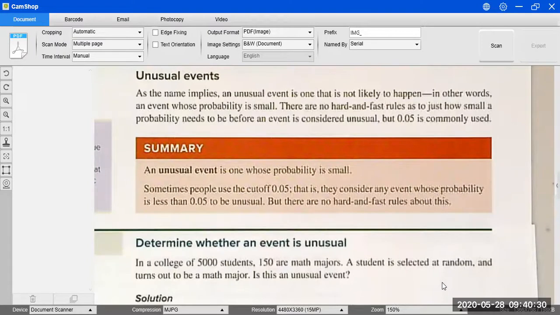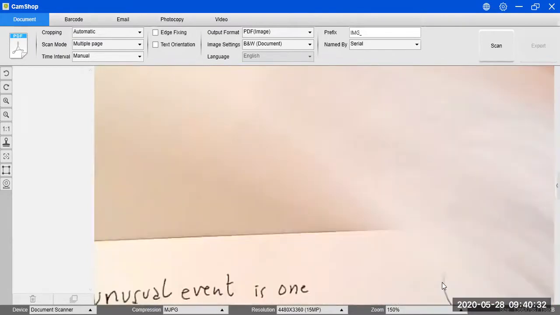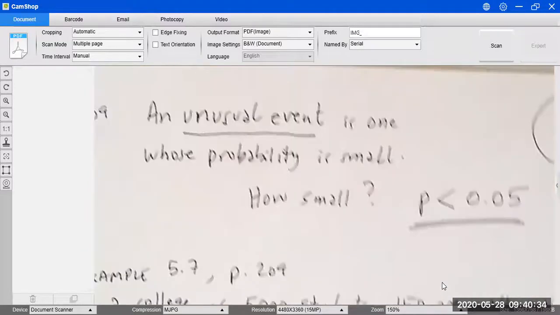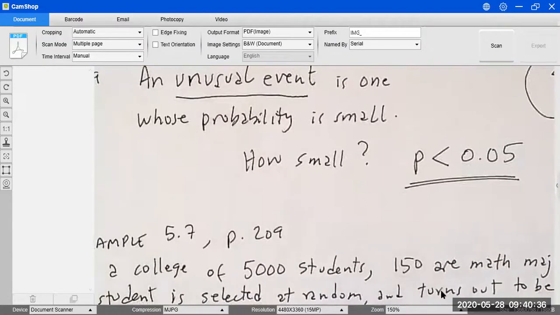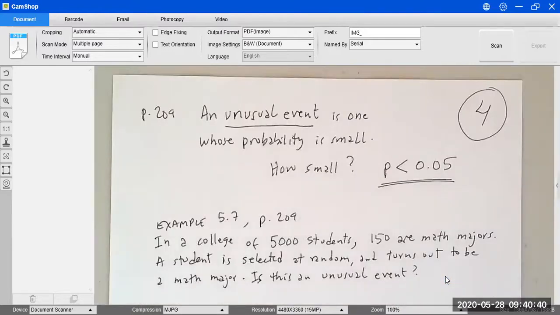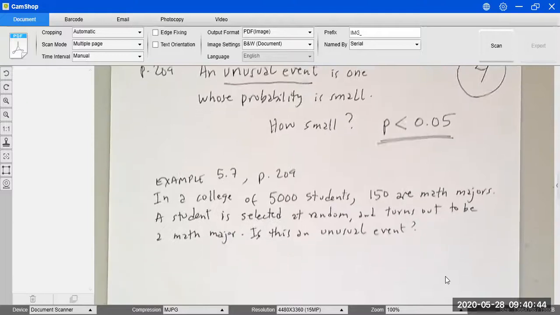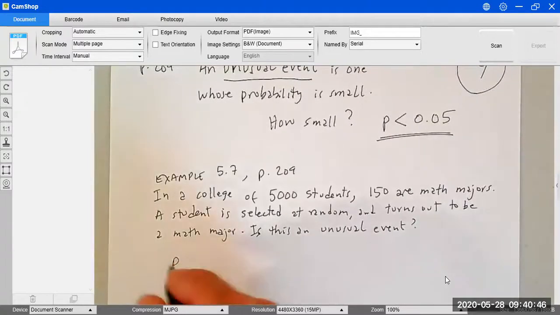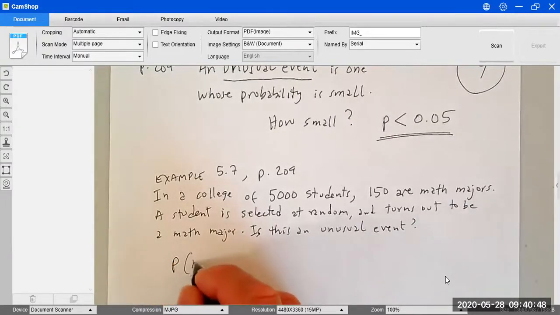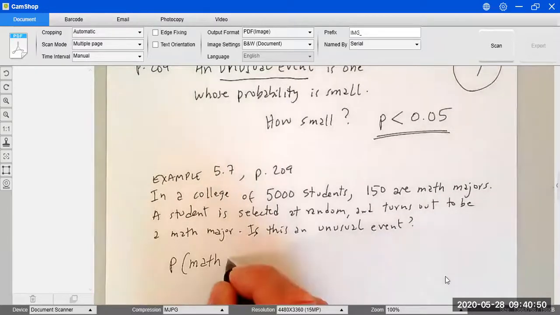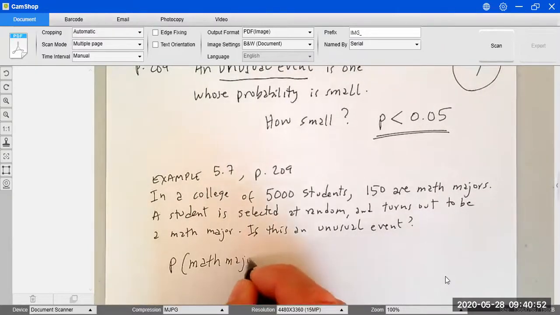So is this an unusual event? To know whether an event is unusual, we need to compute its probability. So that's the first step to solve this problem. So I have here that I want to know the probability of getting a math major student.